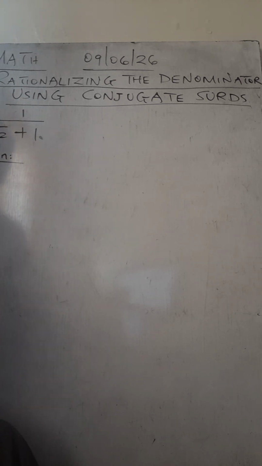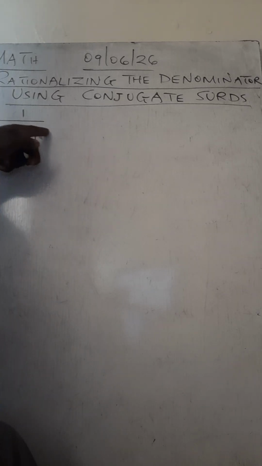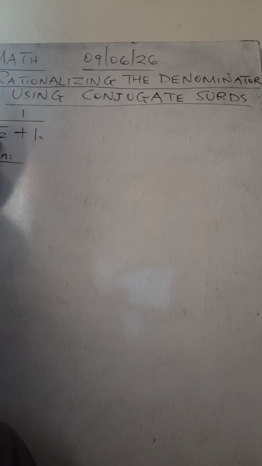First of all, you get what we call the conjugate surd of this denominator. For you to get the conjugate surd, you just change the sign in between these two terms. If the sign is positive, the conjugate surd is going to be root 2 minus 1.